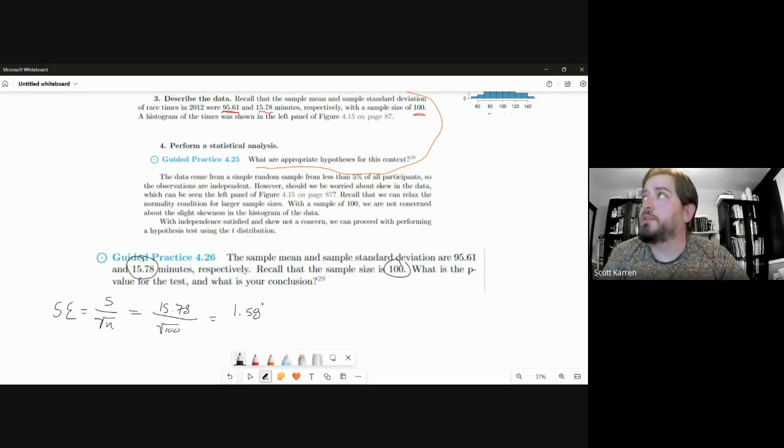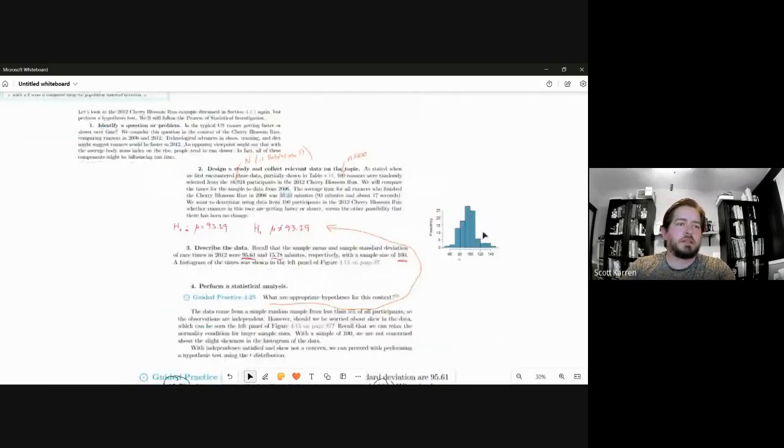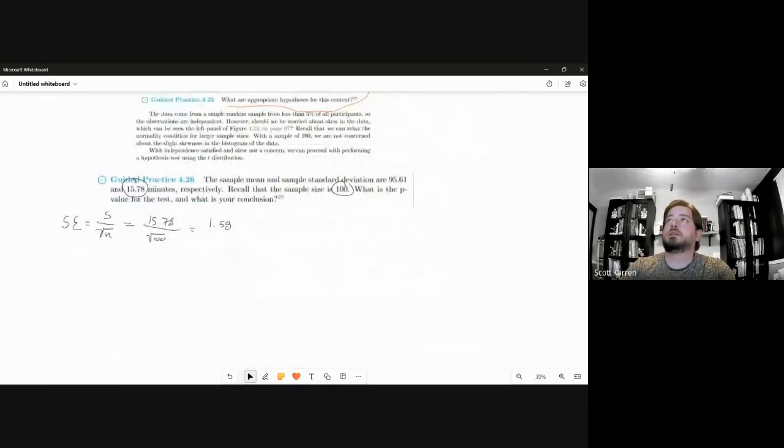And then we want to compute this value here. They don't have it written, so I'll just write it.